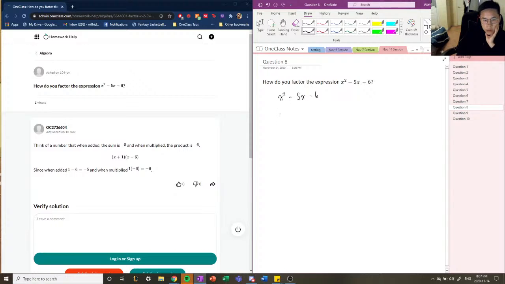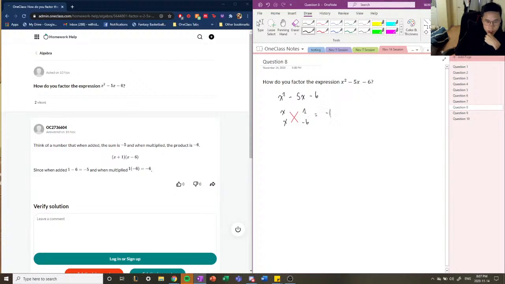So the factors of x squared are x and x. It can also be negative x and negative x, but we're going to use x and x. And the factors for 6 could be 1 and 6 or 3 and 2. In this case, I'm going to use negative 6 and 1. So these contribute to equal negative 6, and these contribute to equal x squared. If we cross multiply these together and add them together, what do we get?